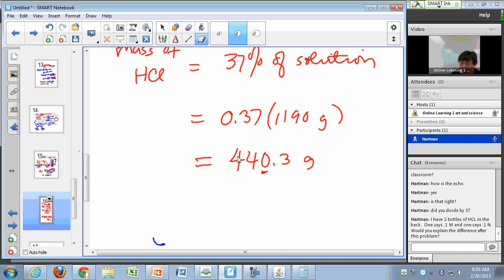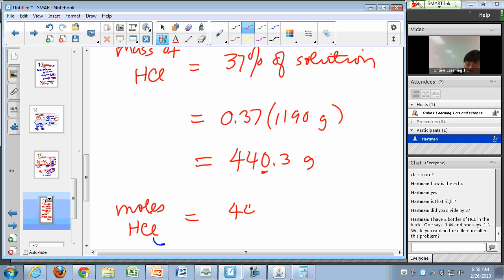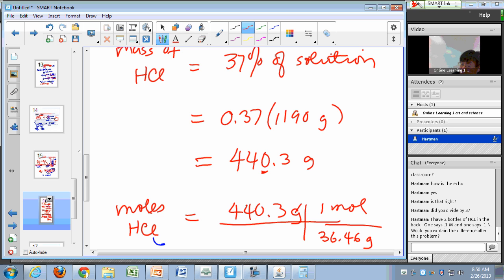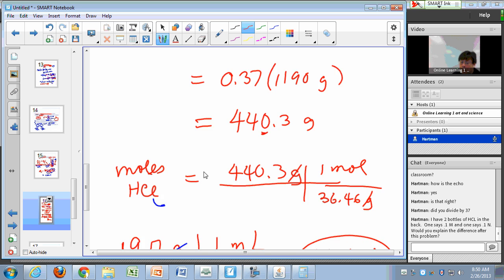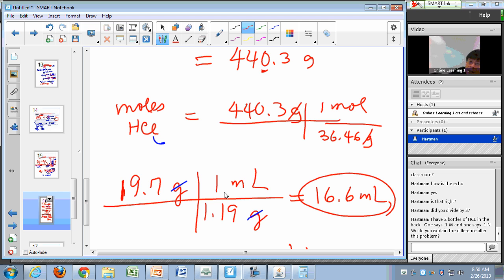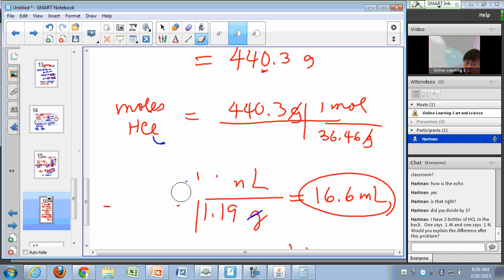Okay? And then you can change that to moles of HCl. Would be 440.3 grams. Okay, what's the molar mass of HCl? 1 mole of HCl we figured out earlier was 36.46 grams. The molar mass of HCl is 36.46.